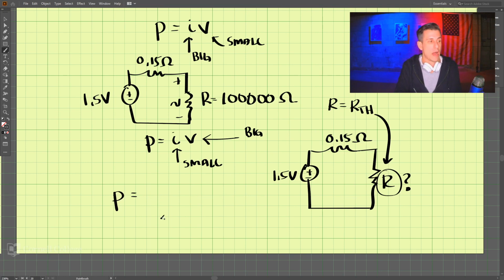So if we want maximum power, we set R equal to R Thevenin here.